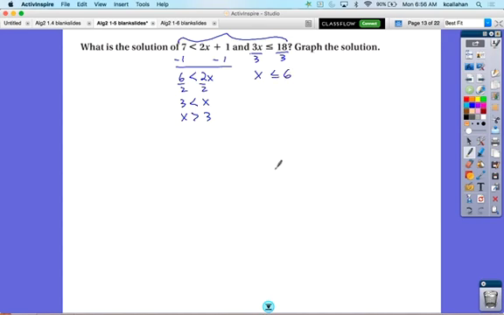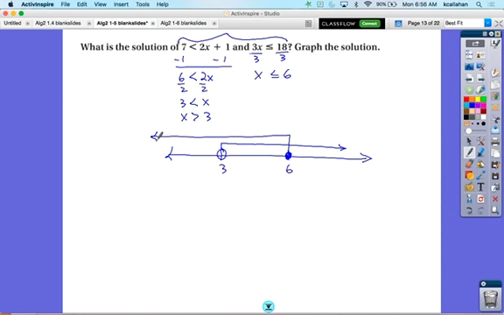Okay, so now let's put both of those on a number line. So I'm going to show the 3 and I'm going to show the 6. At least relative positions, 3 goes to the left of 6. If x is greater than 3, then open circle on 3, shaded to the right. If x is less than or equal to 6, closed circle on 6, shaded to the left.